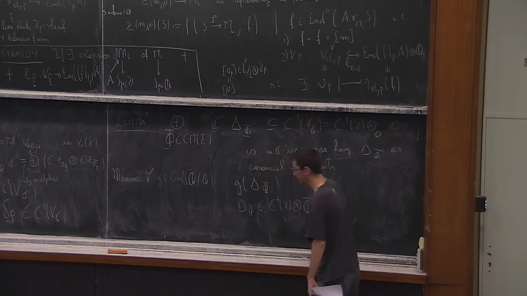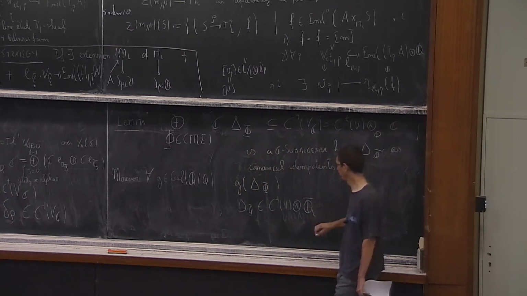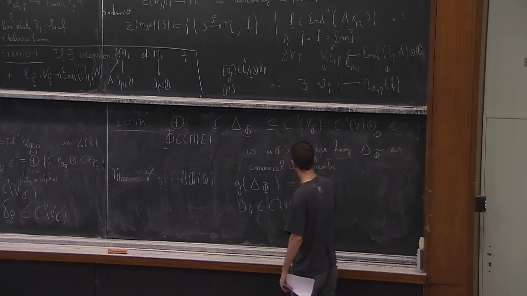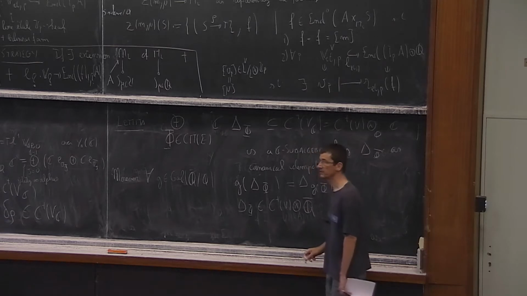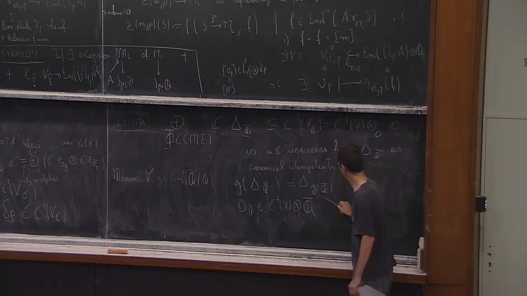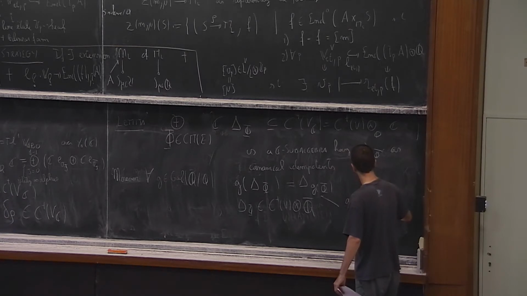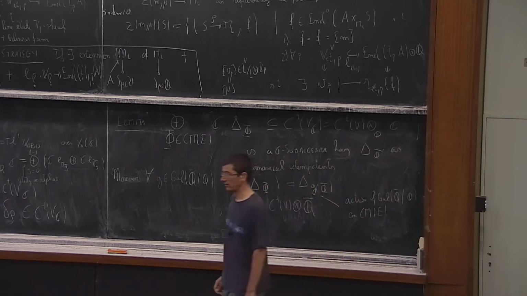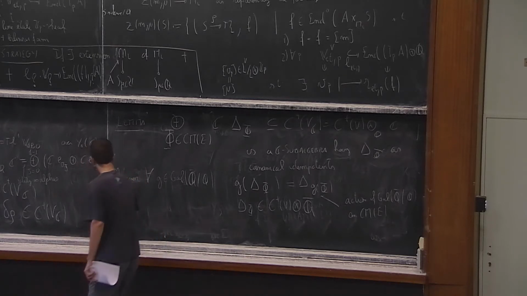The Galois group acts on Q bar, and this action is simply given by the action on the CM types.